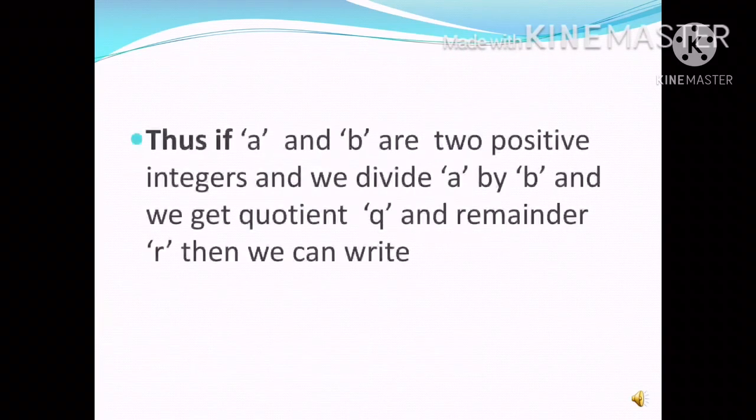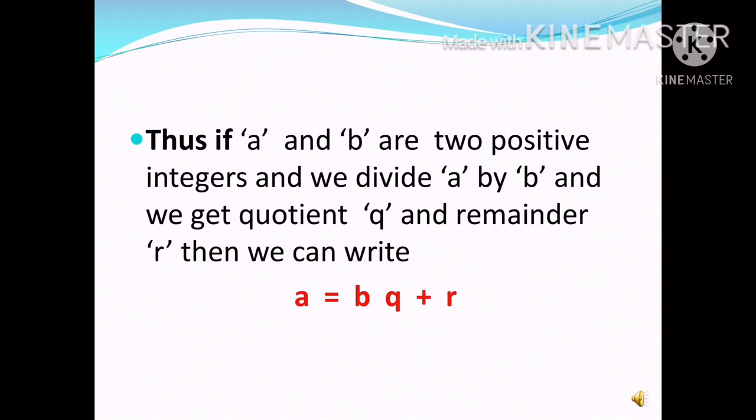So this simple result can be stated as: if we have two positive integers a and b, and on dividing a by b we obtain quotient q and the remainder r, then we can write the dividend a is equal to the divisor b into the quotient q plus the remainder r.